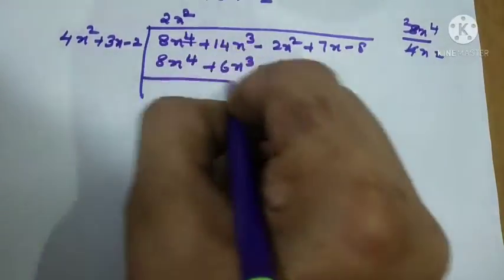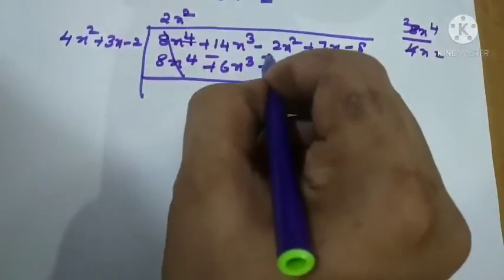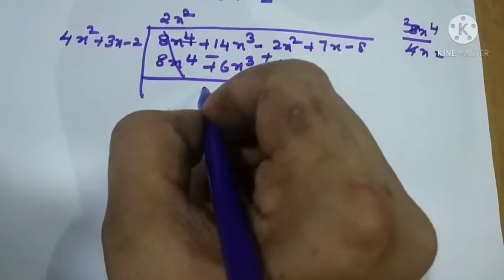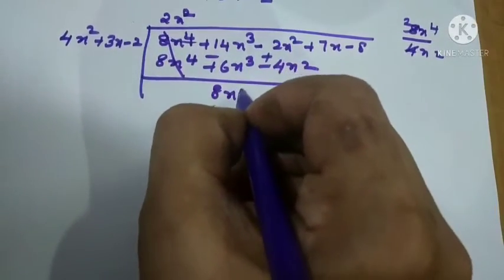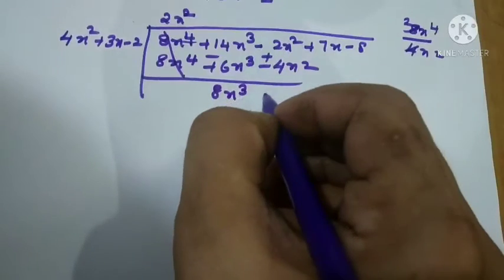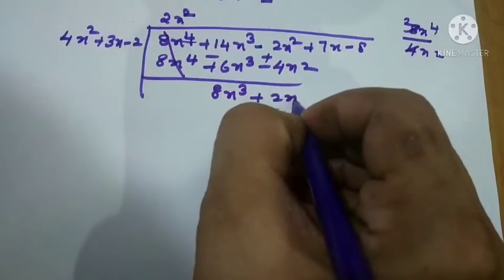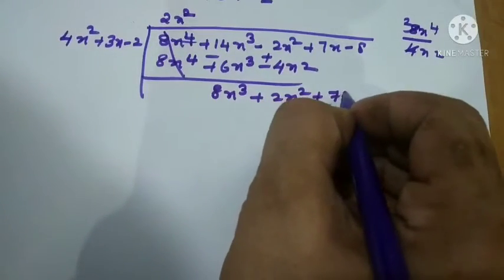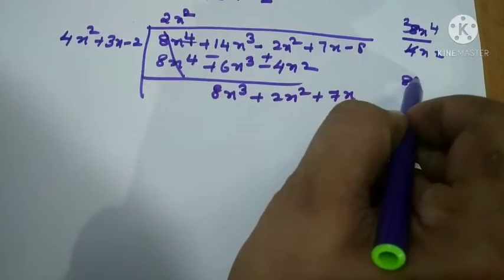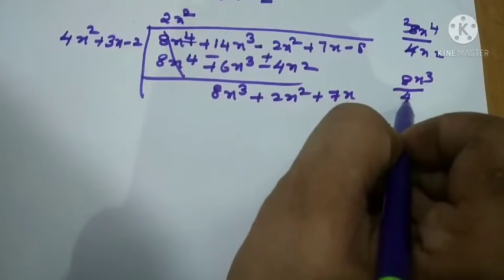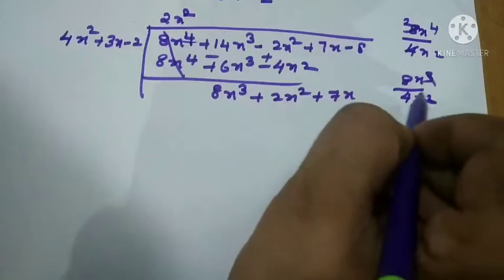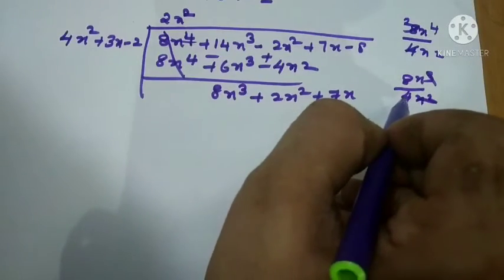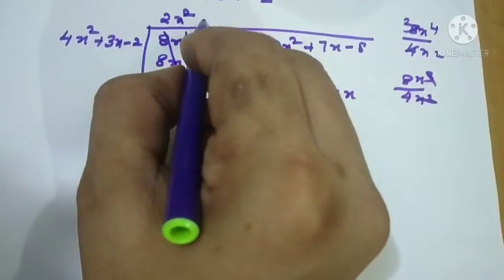Change of sign and subtraction. 14 minus 6, that is 8x cube, minus 2 plus 4 plus 2x square, 7x. So what is 8x cube by 4x square? x square will get cancelled. 1x square is there, 4 into 2, that is 8 only.